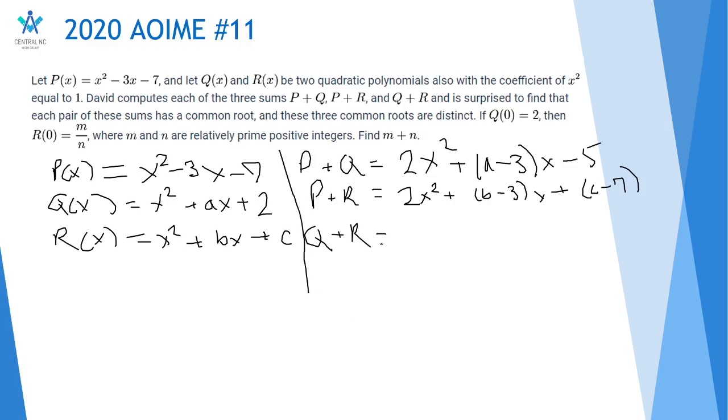Q plus R is equal to 2x squared, and we sum those coefficients up, which is just plus a plus b x, and plus c plus 2. All right, so now we have those polynomials, and let me just write them down so I can transfer them to the next slide before we move on.